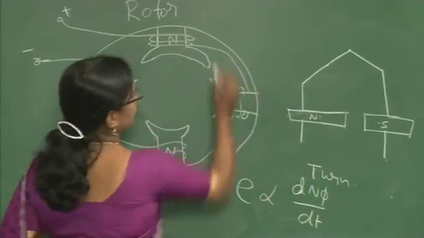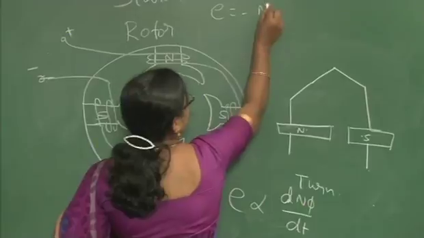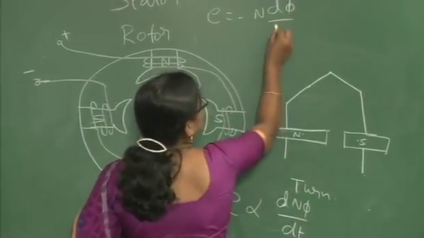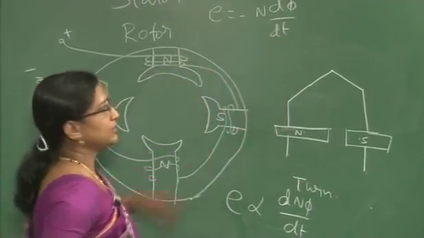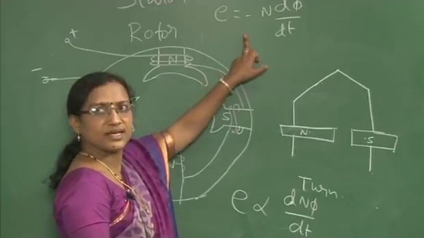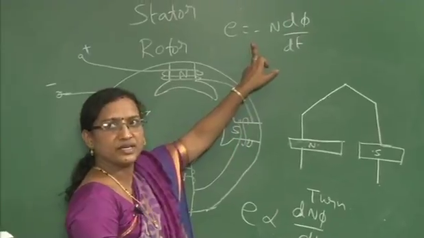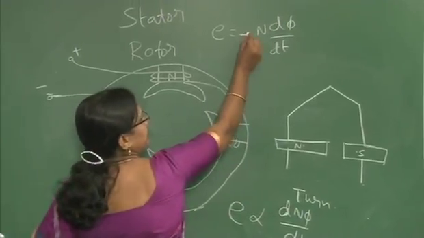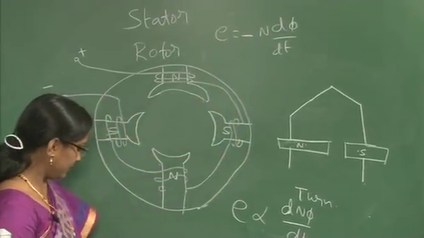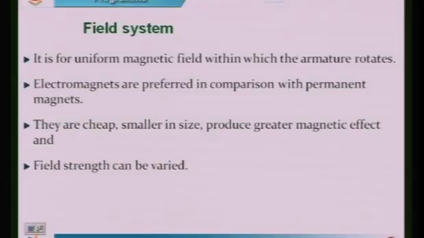When we are expressing this, E is equal to minus N d phi by dt. This negative sign indicates, according to Lenz's law, that the cause opposes the response, or response opposes the cause. This is indicated by the negative sign. The EMF opposes the relative motion of the conductor.